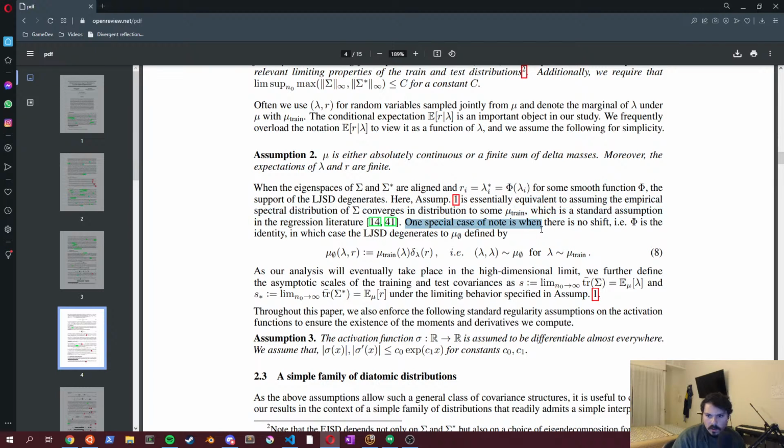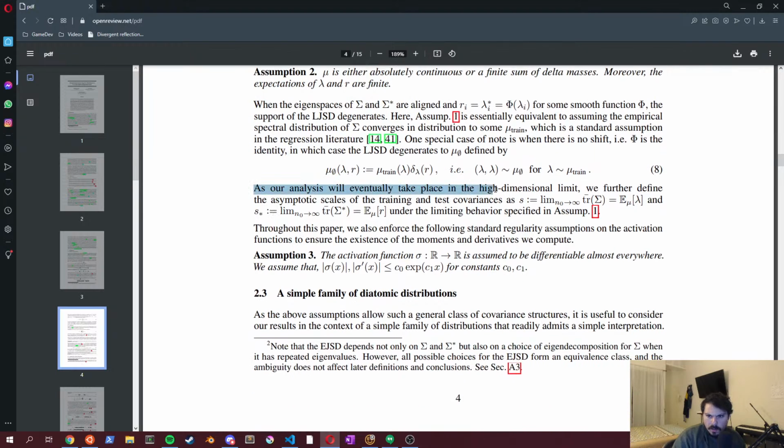One special case of note is when there is no shift, i.e. phi is the identity, in which case LJSD degenerates to mu0, defined by mu train times delta lambda r. In other words, lambda is mu0 for lambda is mu train.